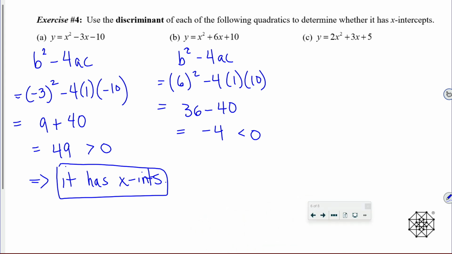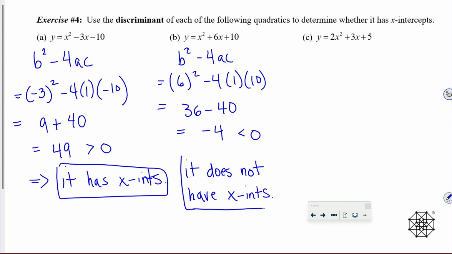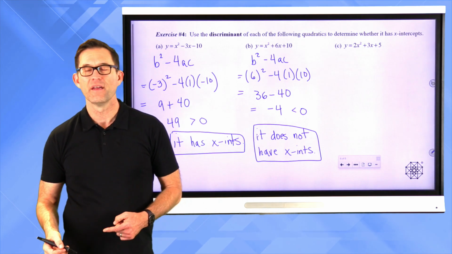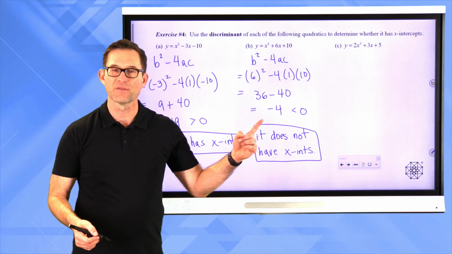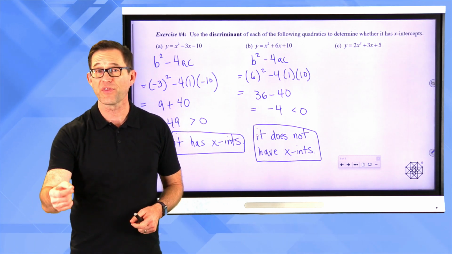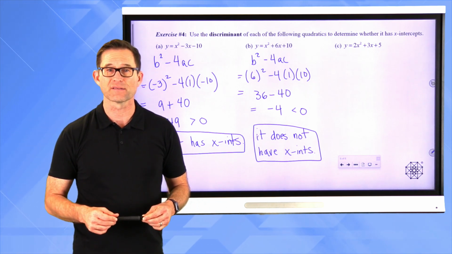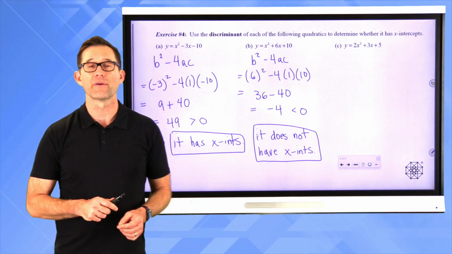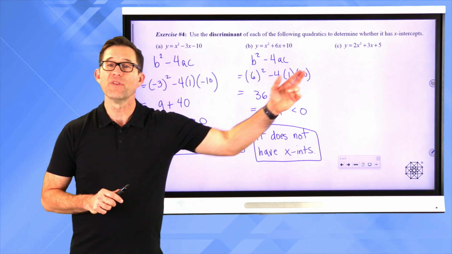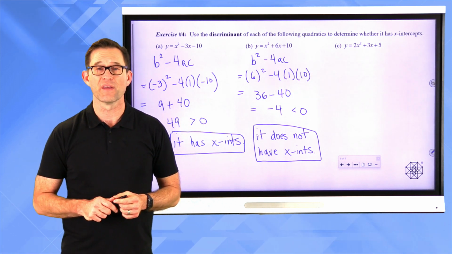And since that's less than 0, it does not have x-intercepts. If you were doing the quadratic formula and you cranked through all of it, then we would be forced to take the square root of a negative number, which would leave us with an i in our answer, and it would mean that this parabola doesn't intersect the x-axis. Why don't you go ahead and do letter C on your own and see if this parabola, when graphed, would intersect the x-axis.